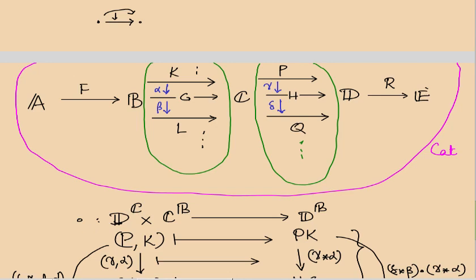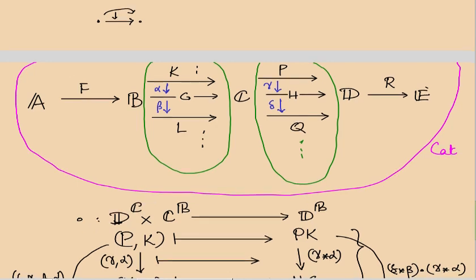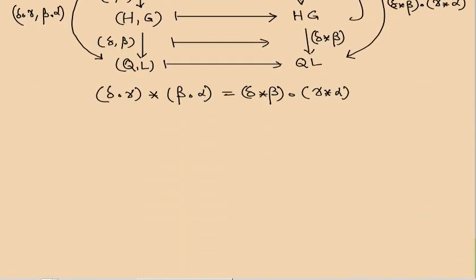I'll give just one more example of this enrichment, and then I'll stop today. So, for instance, look into the category of abelian groups.